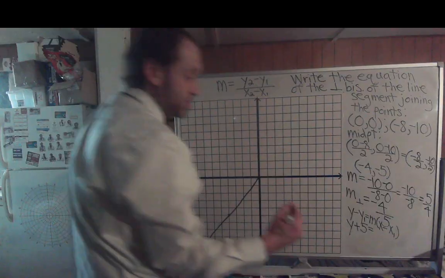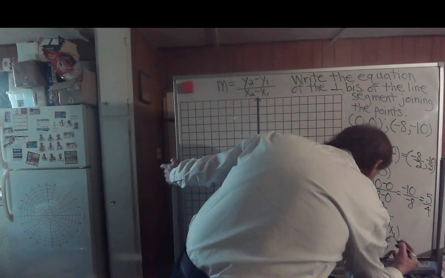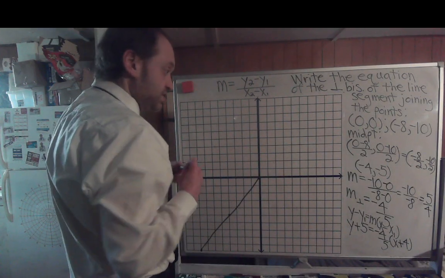So you would take y minus negative 5, which is actually y plus 5, set it equal to your slope of negative 4/5 times x minus your negative 4, which would actually be x plus 4. So there's a start for that.